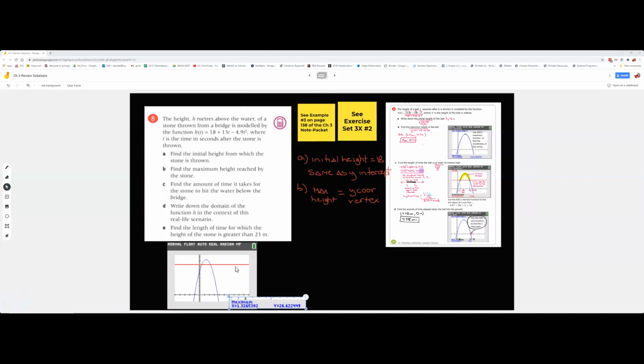So I now know for B, my maximum height is the y-coordinate of the vertex, which is 26.2622, etc. So I'm going to write my max height to 3 sig figs would be 26.3, and we're working in meters.